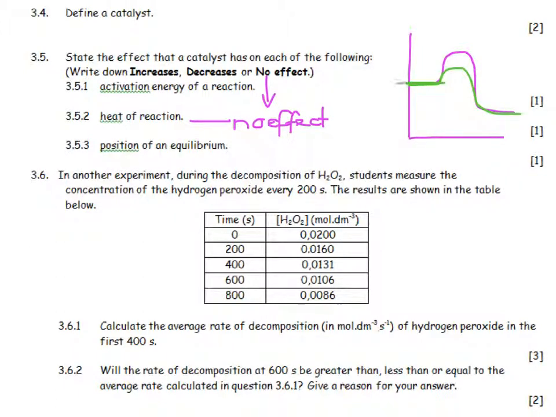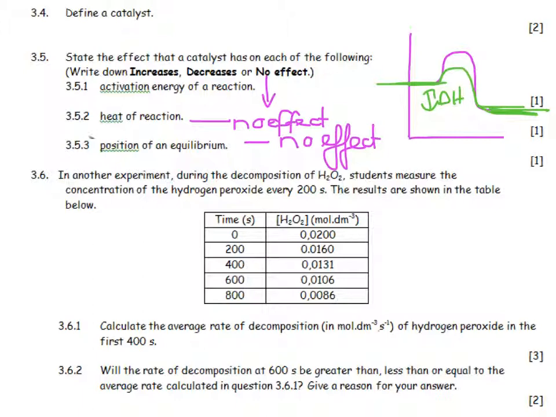The reactants and the products have not changed, and therefore delta H is exactly the same. The position of the equilibrium is not affected. All that happens is it happens faster. It doesn't change the reaction itself, it just makes the reaction happen faster.